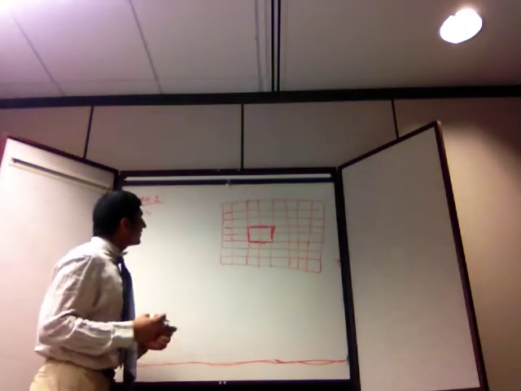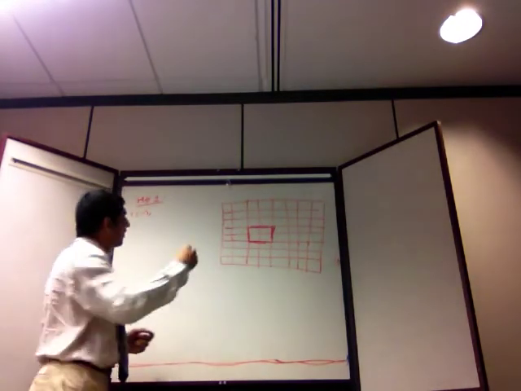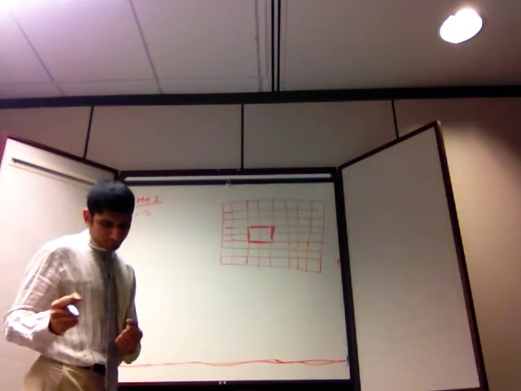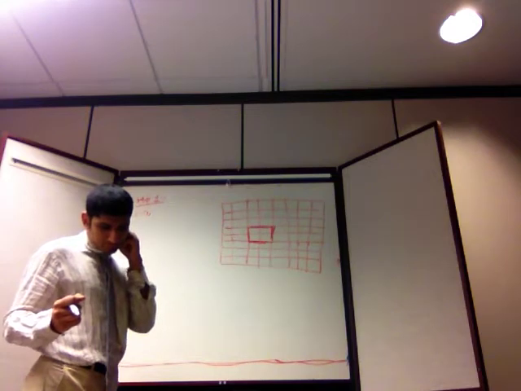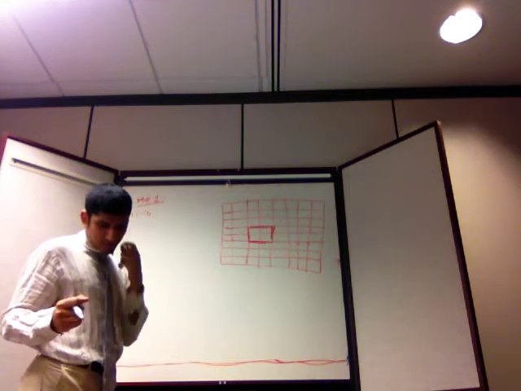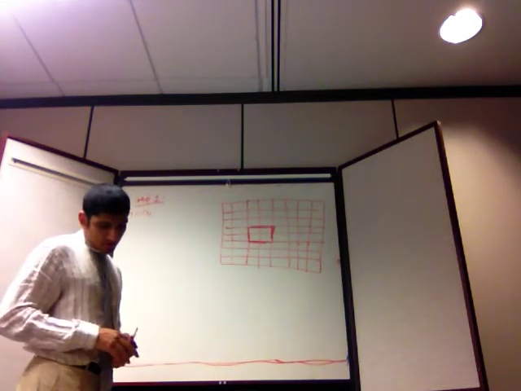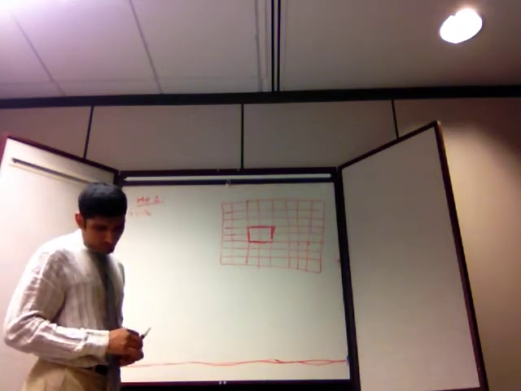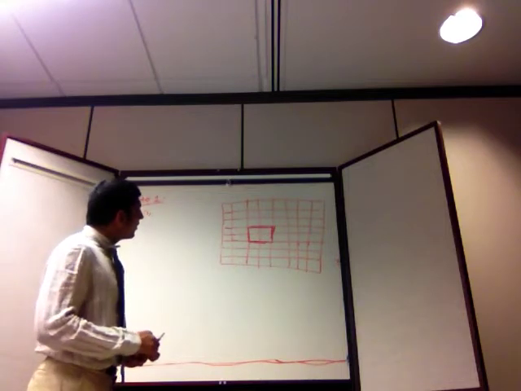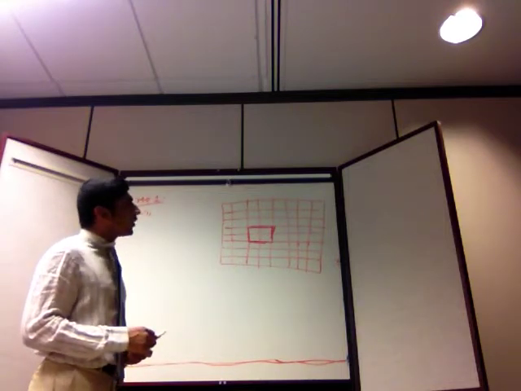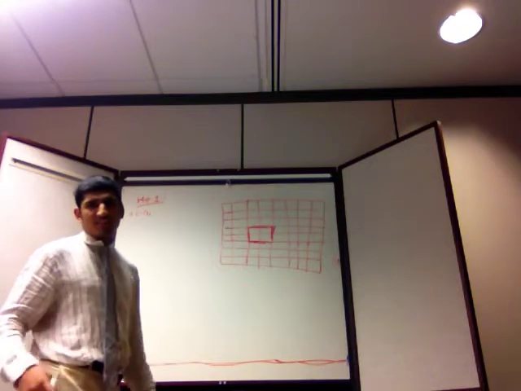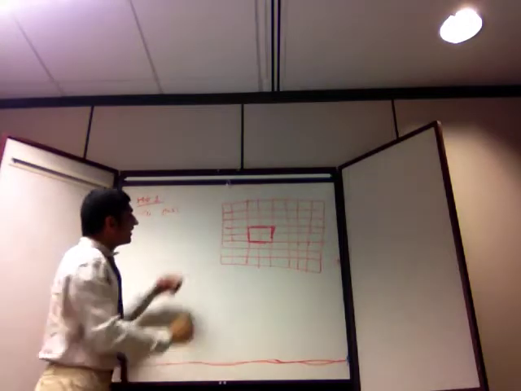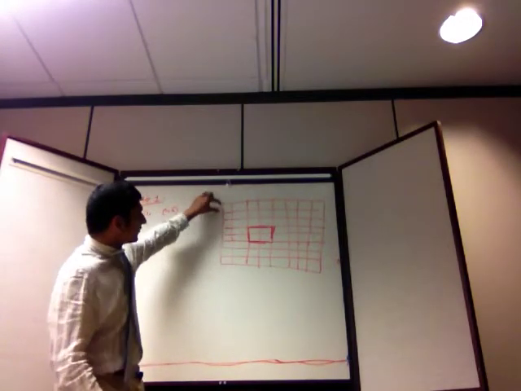Now, how many rectangles are there of size n minus 1 by 1? Or rather, of size 1 by 2. Let's take that case first. So how many 1 by 2 rectangles are there? Well, 1 comes from the height.